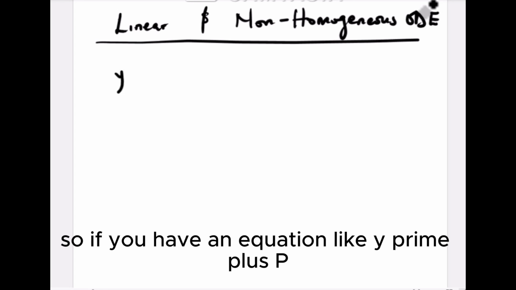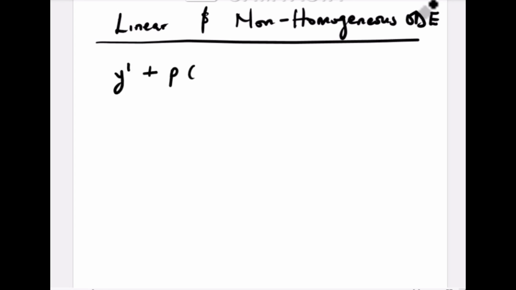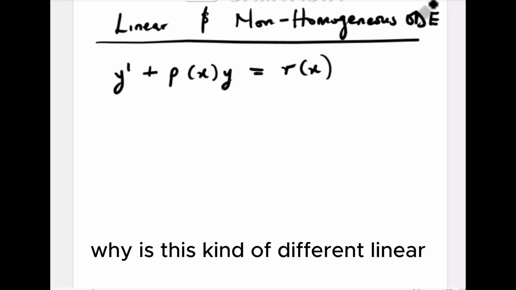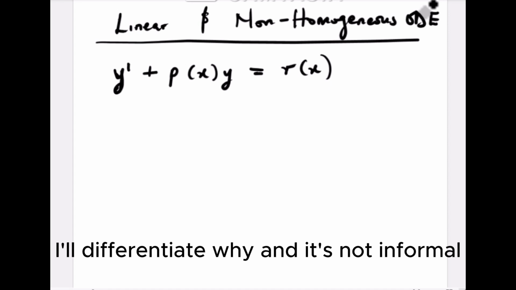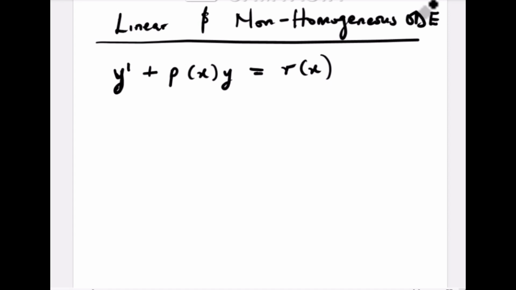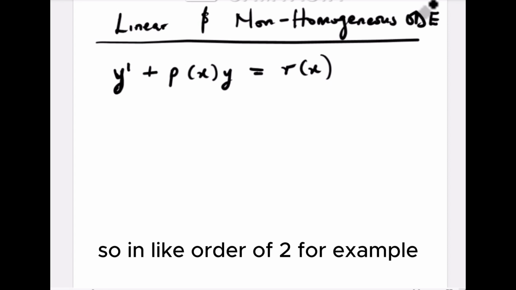If you have an equation like y prime plus p(x)y equals r(x), why is this kind of equation linear? Because whenever you have y or a differential of y, it's not of order two.